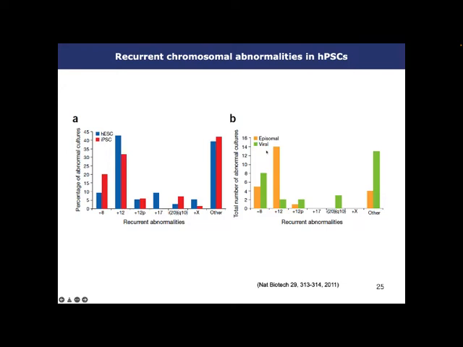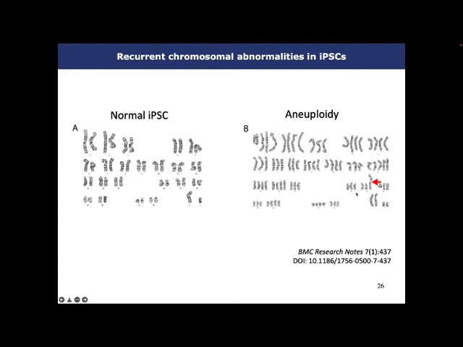However, viral delivery of the transcription factors increases the risk of chromosome 20 or 8 abnormalities. And aneuploidy, or an abnormal number of chromosomes, with 3 copies of a chromosome in this case, is also a frequent chromosomal alteration during reprogramming, so we need to be careful about it.